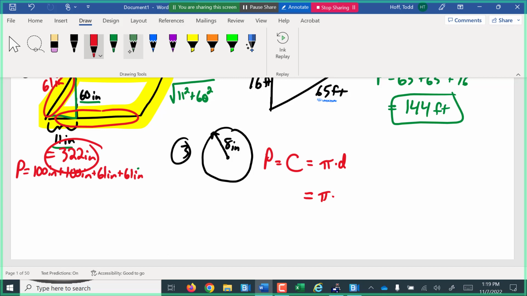So for this circle, what is the diameter? 16 inches. Good. So if I use 3.14 for pi, 3.14 times 16 gives us 50.24 inches of perimeter. Any questions on any of those first 3?